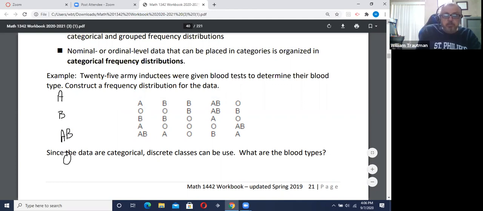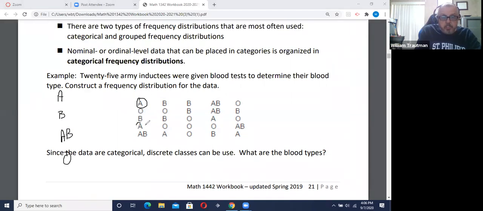So go through this and count the number of A bloods. 1, 2, 3, 4, 5. So there were 5 A bloods.